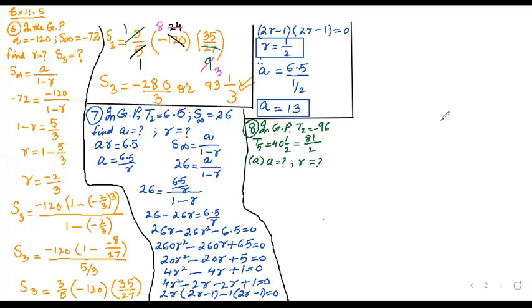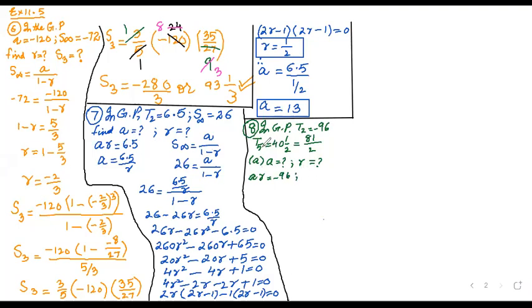So finding the value of A and R for part A, we will use the given terms as T2 is given as minus 96. So AR is equivalent to T2 and the value of T2 is minus 96.